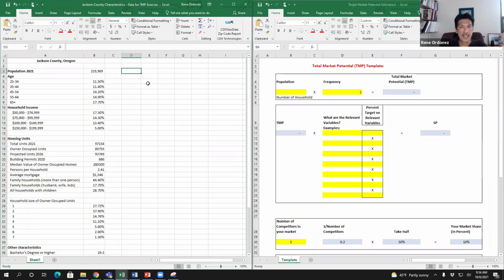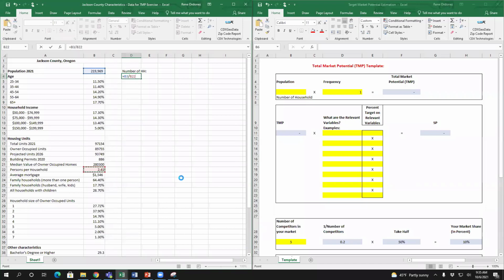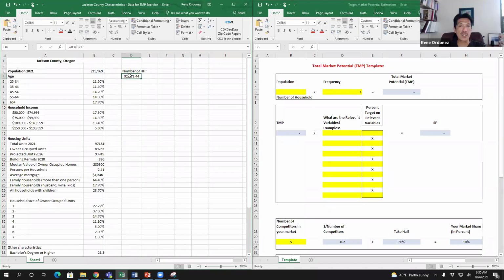So number of households is computed as the population size divided by the average persons per household. Do you agree? Yes. Okay, so that's the number we'll put here. Let's just round this up.